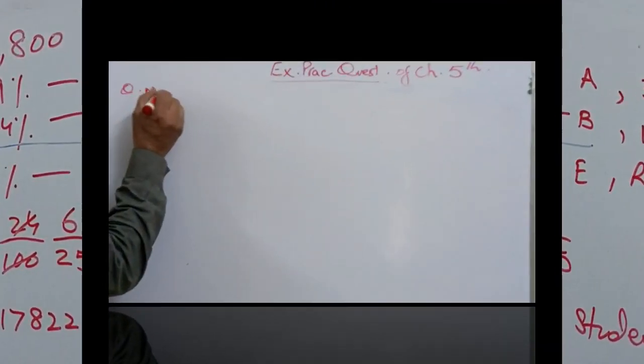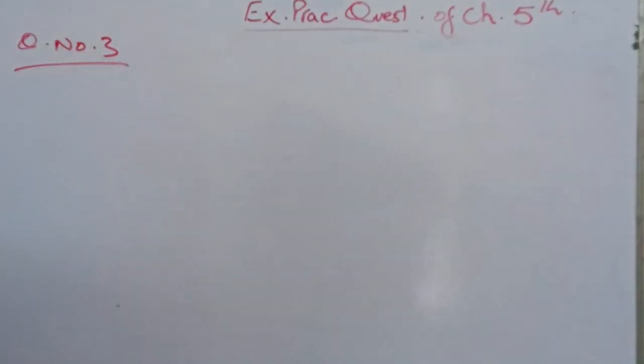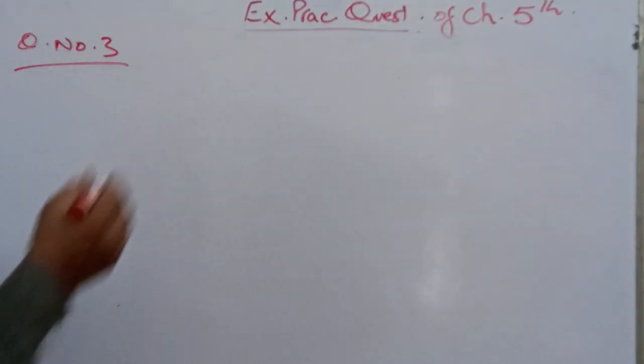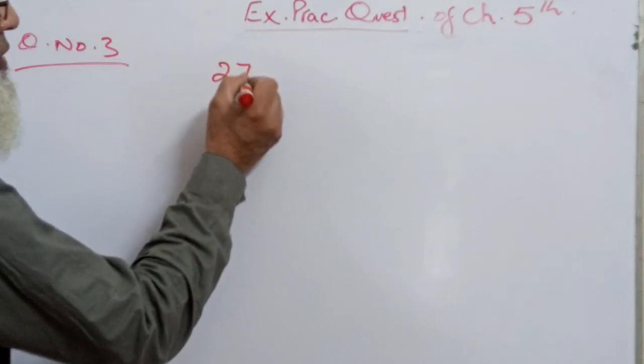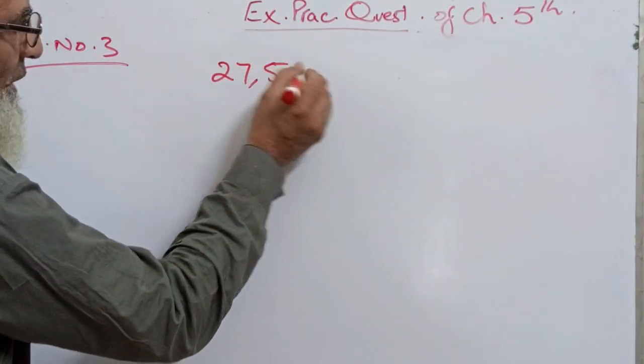Okay. Question number 3. What does question number 3 say? During one summer, there were 27,500 cases of salmonella poisoning in Britain. Now, what is salmonella?